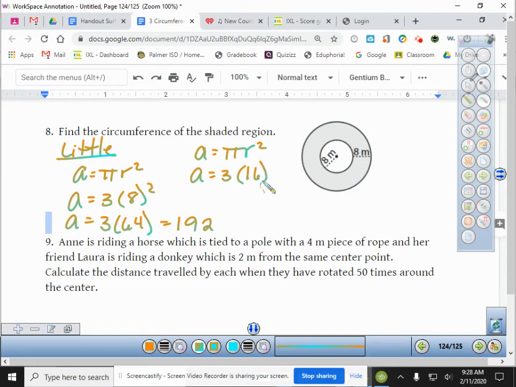How'd I get 16? Because you had to add 8. This is 8. This is 8. Good job. And 16 squared? Is it 256? Mm-hmm. And then we multiply that together and we got 768. Good. Are we all good?